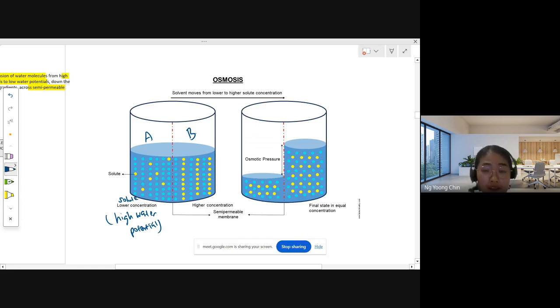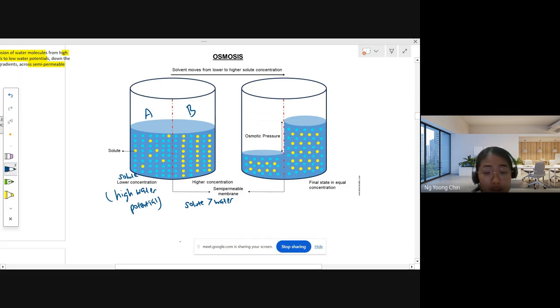Then how about region B? Region B has a large amount of solid particles compared to water molecules, more solid than water. So B is known as low water potential.